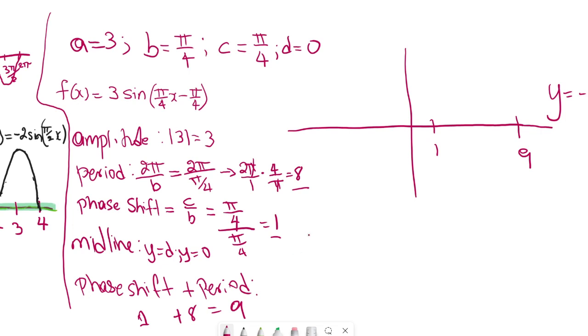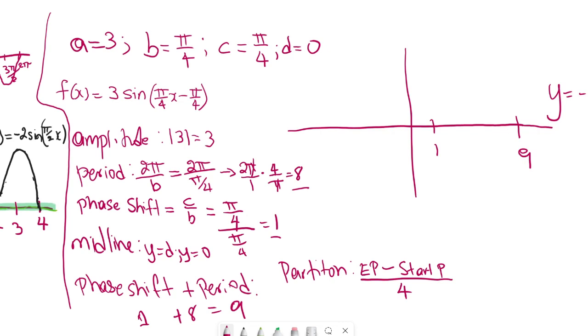Now, the partitions, let me just say this, you don't have to do the partitions, but I find that the partitions are very helpful. So to find your partition, you would do your ending point minus your starting point divided by 4, because you want to put it in 4 equal parts. And if you wanted to do 8 equal parts, you would divide by 8.